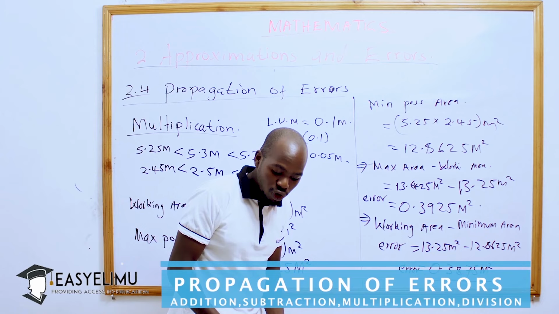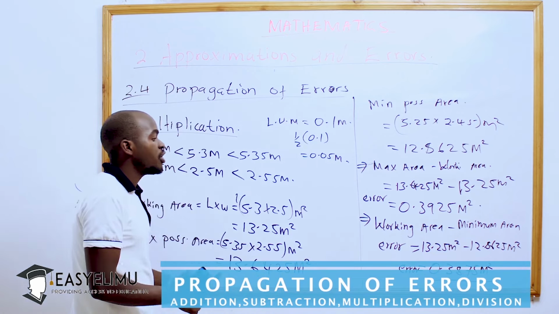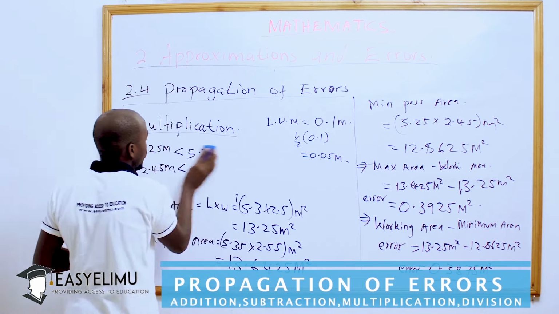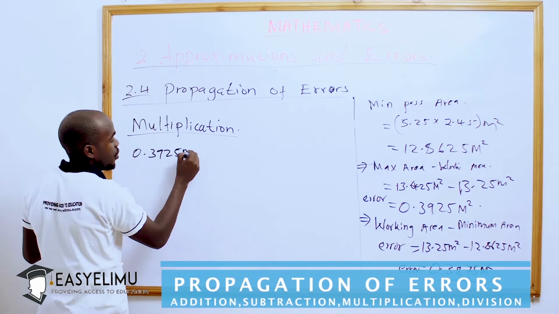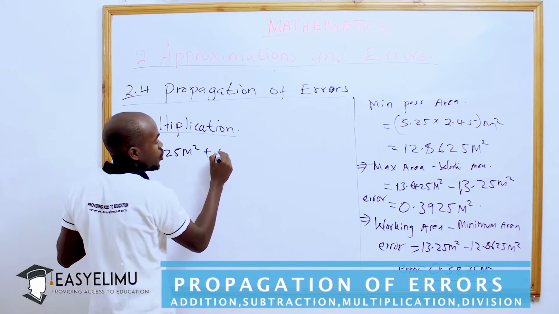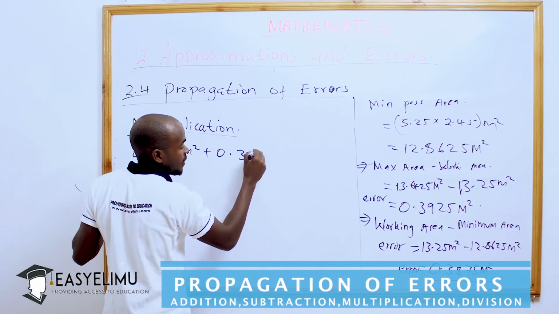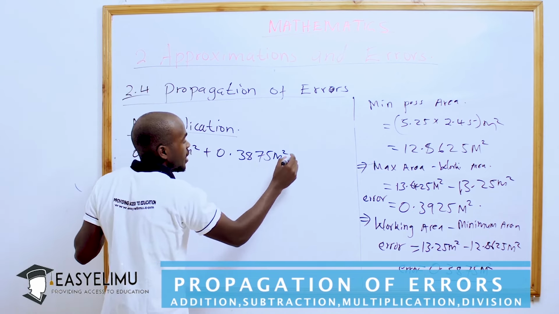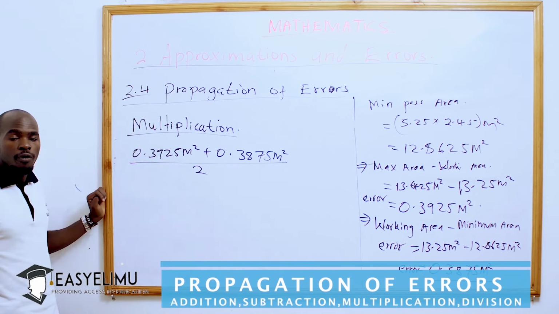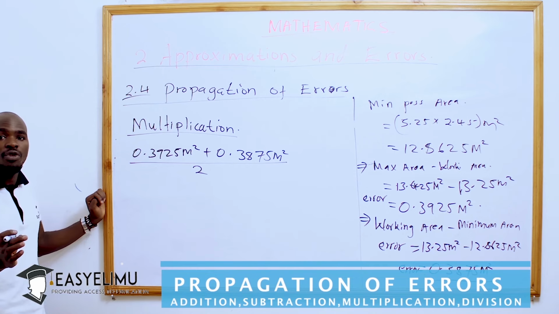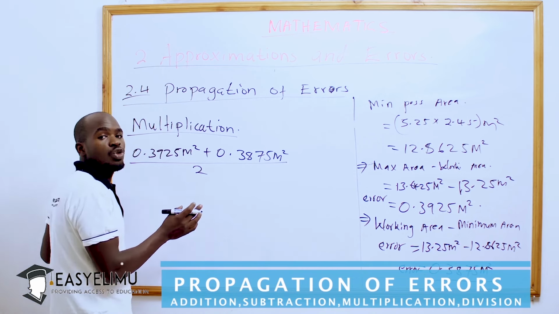So to find the absolute error, we need to add the two errors, and then we divide by 2. 0.3925 square meter, we add to 0.3875 square meter, then you divide it by 2. For any given circumstance, that's what you should do.